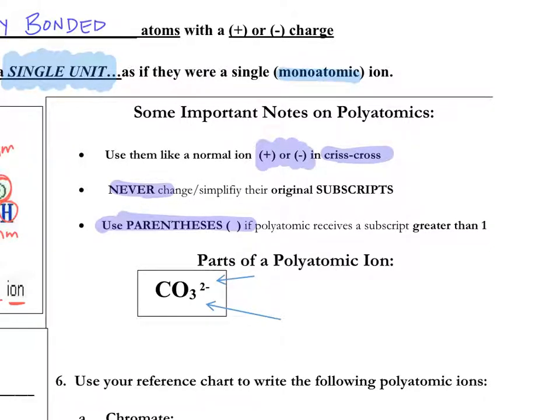The parts of a polyatomic ion: you've got CO3 and a 2 minus, and remember I said that this can also be written as a -2. The -2 up here is the charge of our ion. The 3 at the bottom is my subscript, and the subscript tells me how many of those atoms I have.